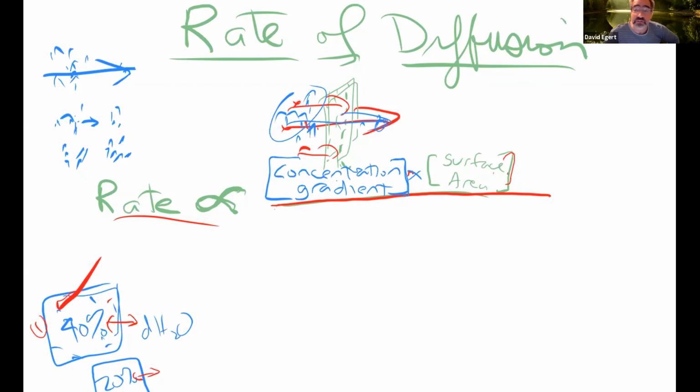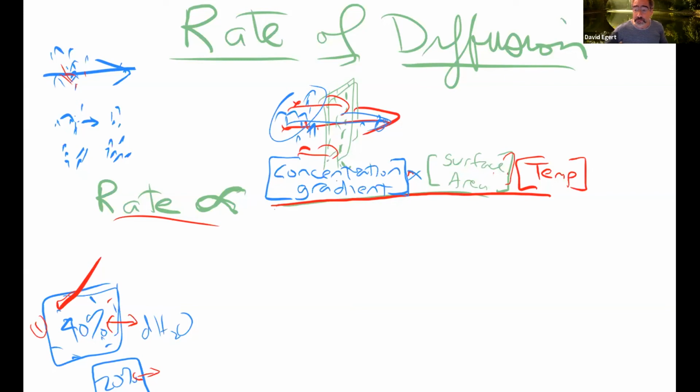What other things affect rate of diffusion? Temperature. Say it one more time. Temperature, absolutely. The higher the temperature, the faster the rate of diffusion. Exactly, because remember, temperature is just that intrinsic energy that the molecules have. So if there's higher temperature, they're all moving faster, jiggling faster.